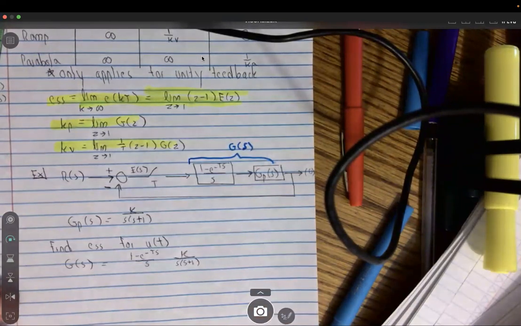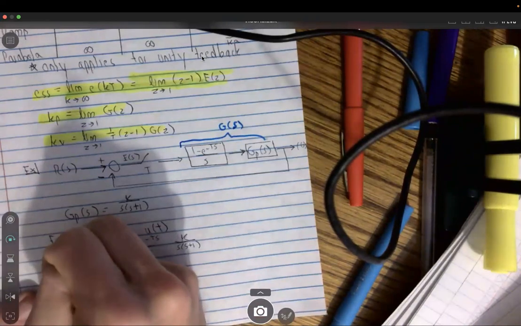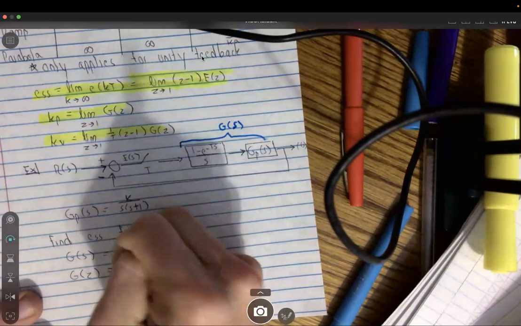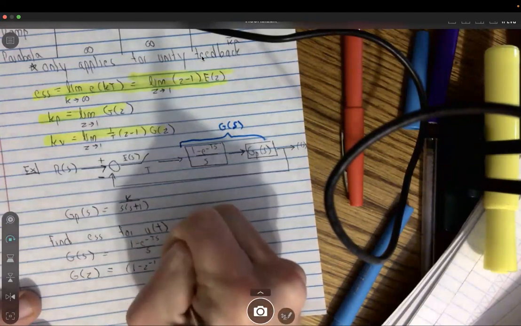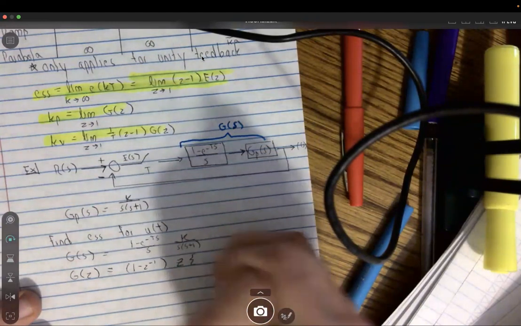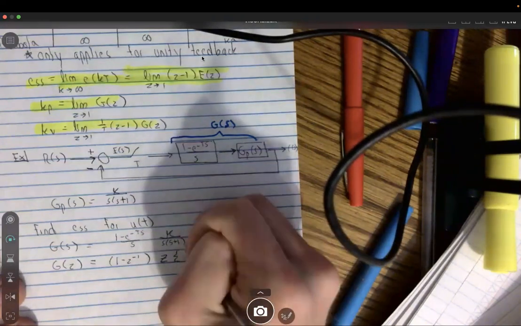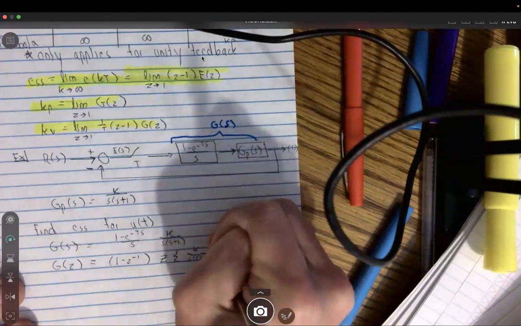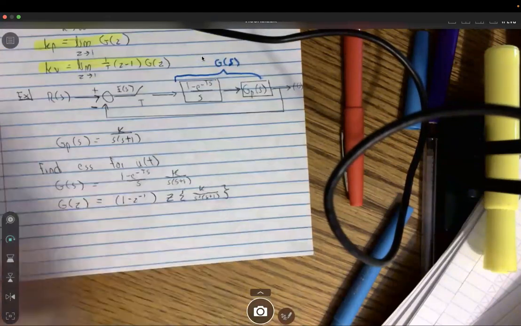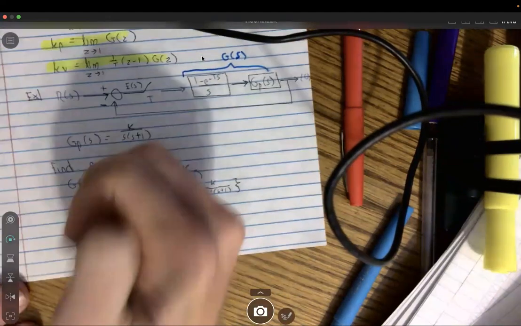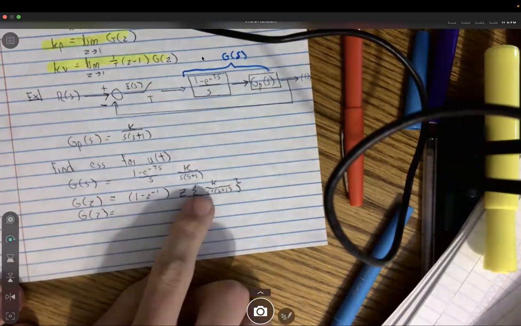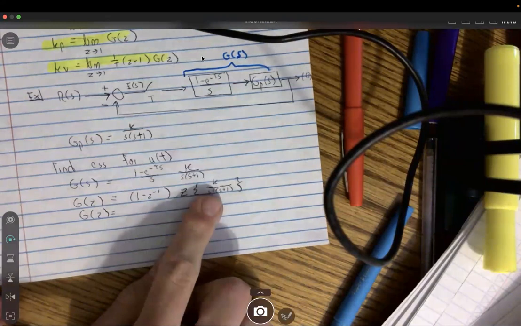And so what we have to do is find our G of z. Remember, it's 1 minus e to negative 1, then it's going to be the z transform of K all over s squared times s plus 1, okay? So now that we have that, G of z is going to equal, and here we have to take the z transform of this term.